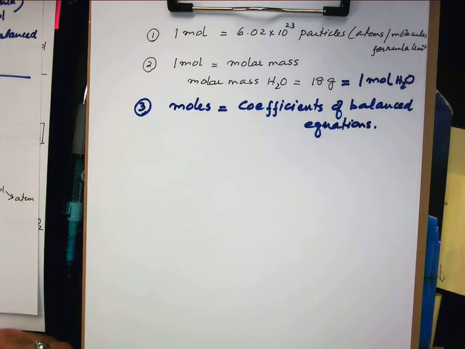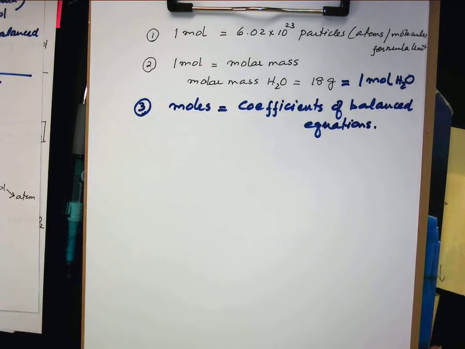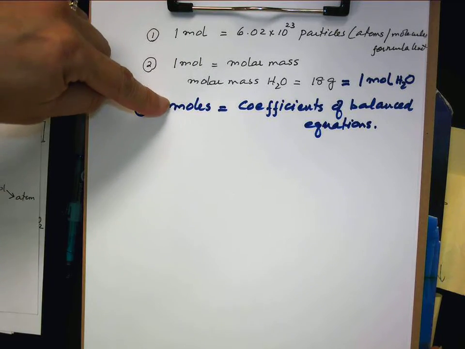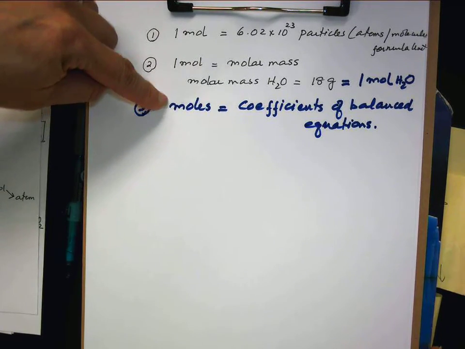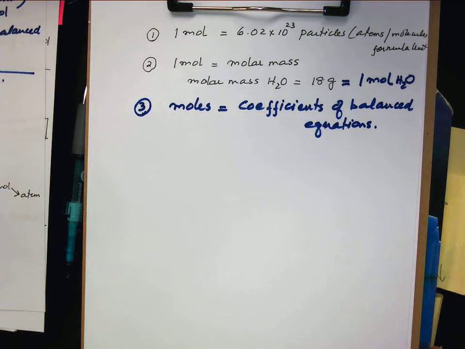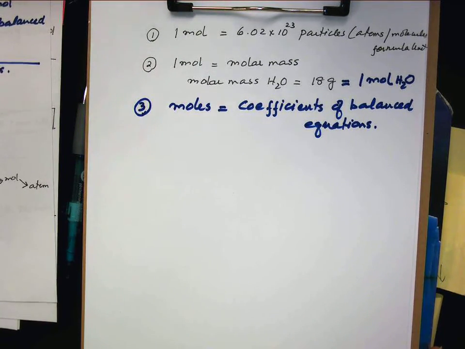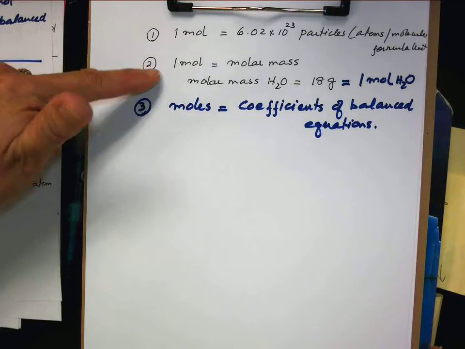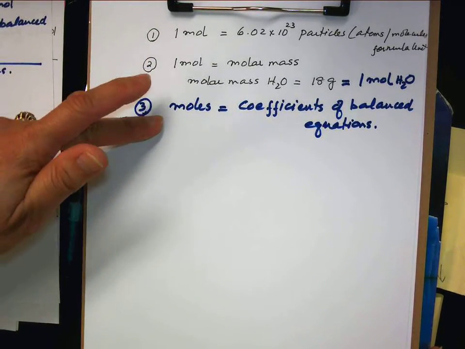So you have to have a balanced equation, and the numbers that balance it, which come right in front of the elements, are coefficients. Those coefficients are also moles. All right, so you need to know at least these 3 things: Avogadro's number, molar mass, and the coefficients.